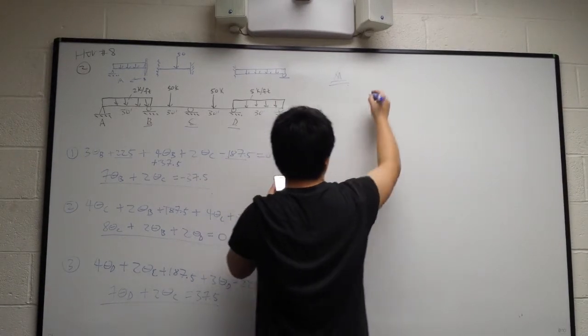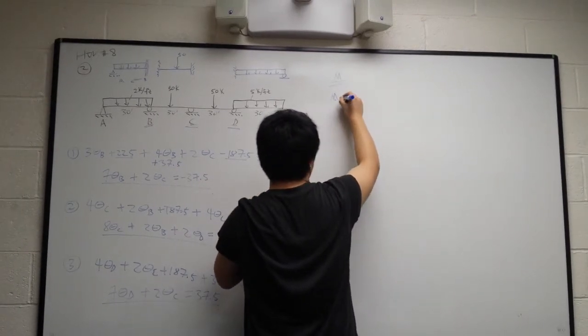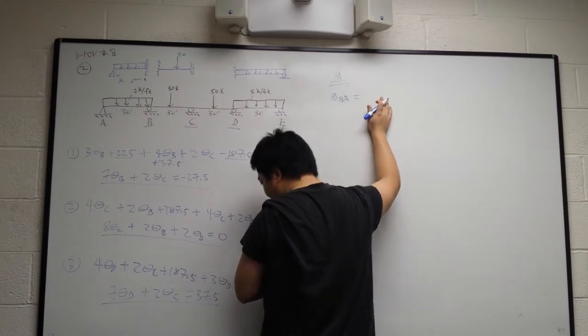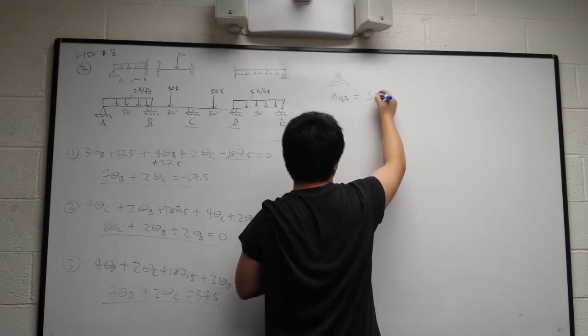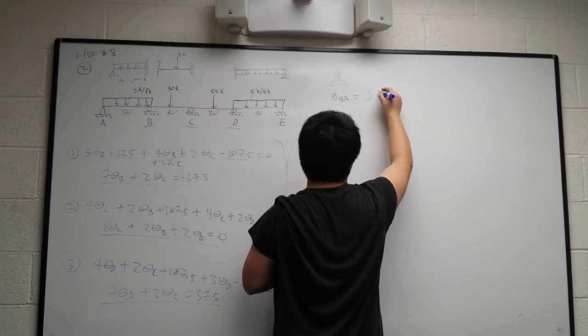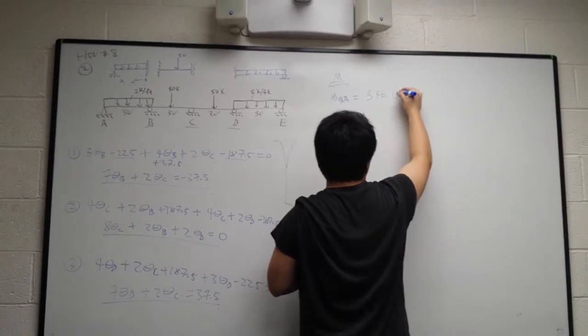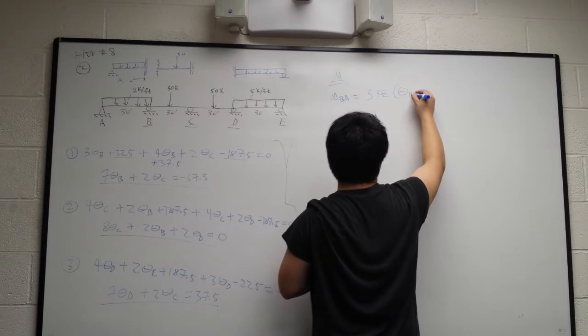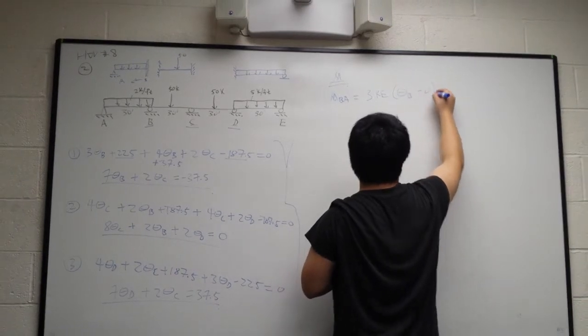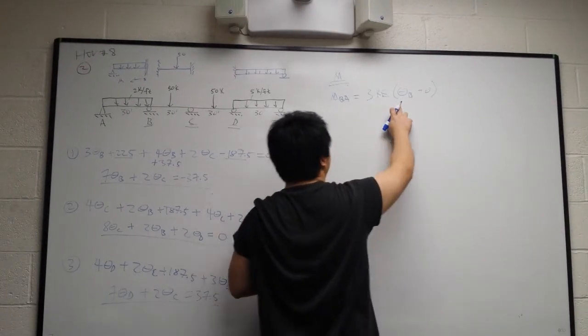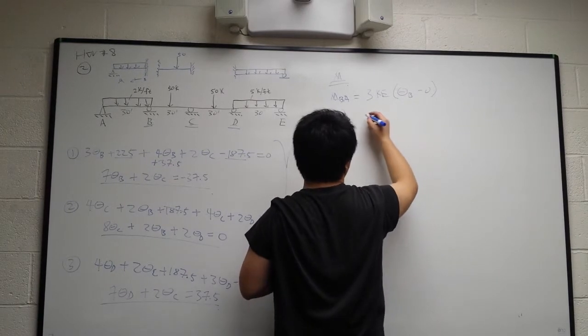So for the moment equation, for moment BA, if I remember it right, it should be 3 times K, minus 0. So in this case, your data B is negative something.